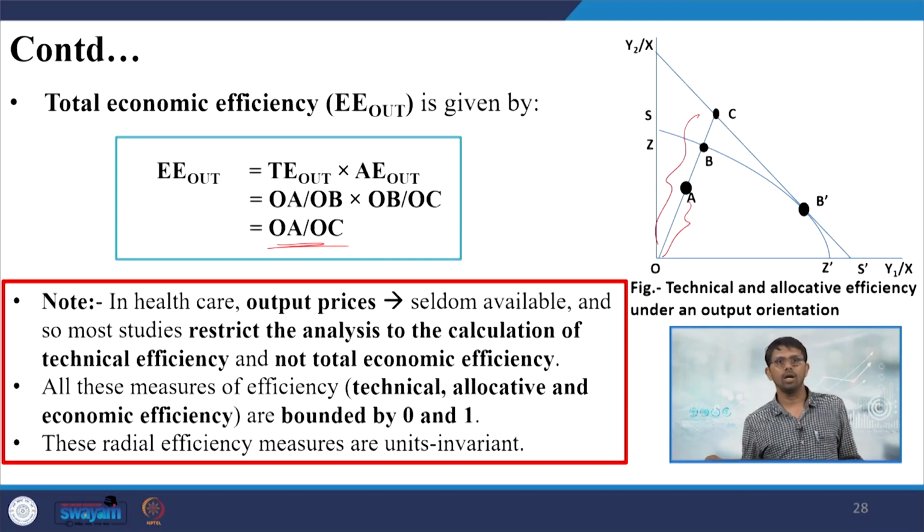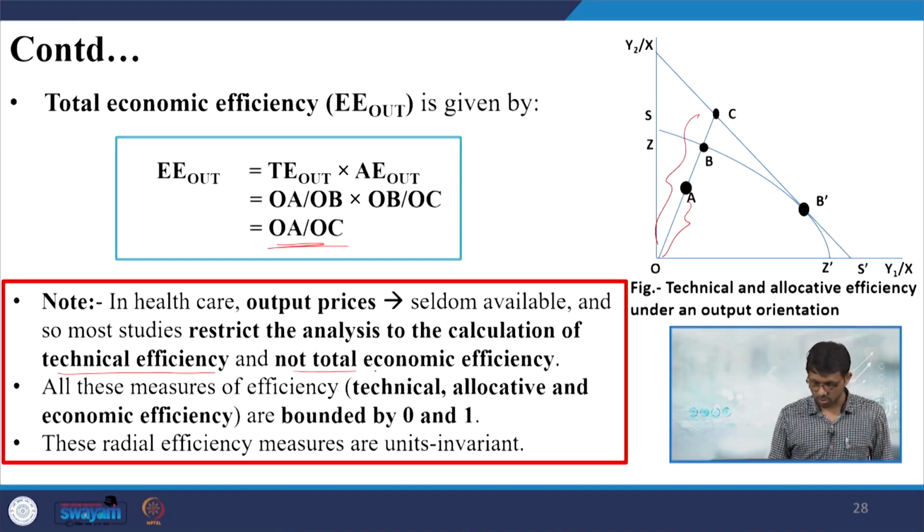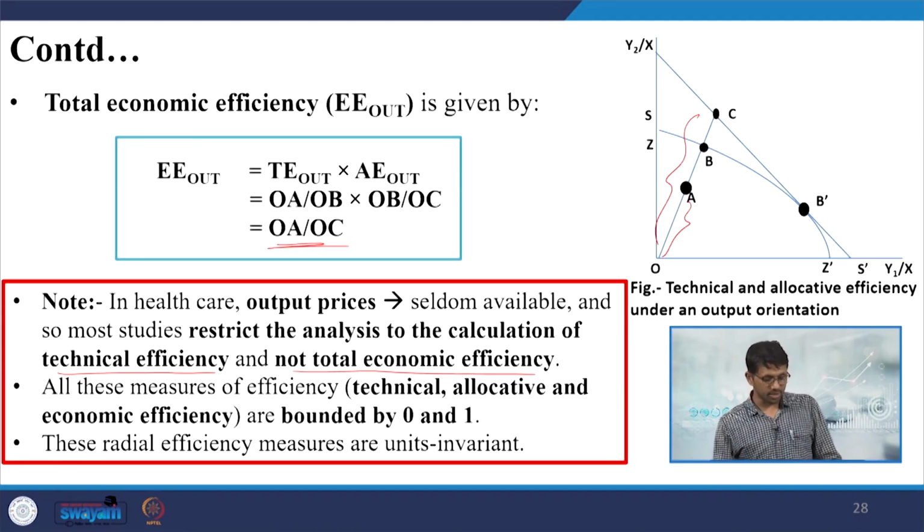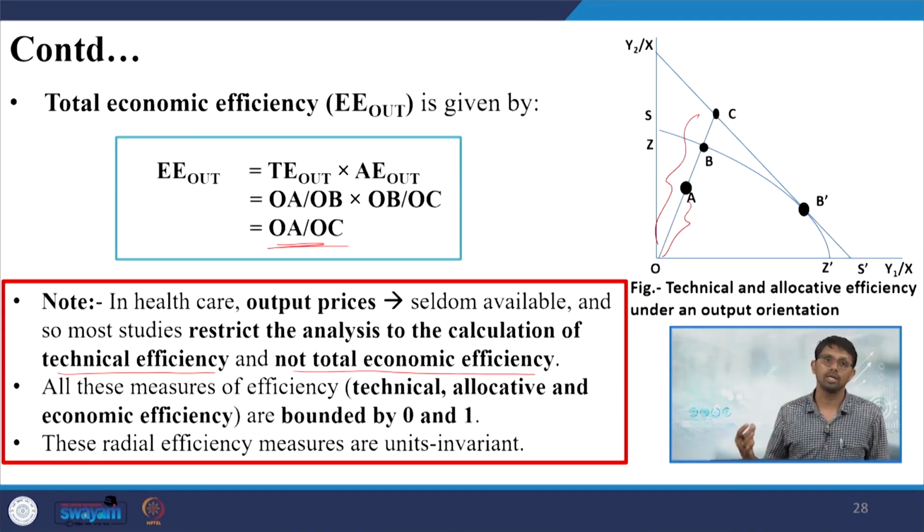In healthcare, output prices are seldom available, and so most studies restrict the analysis to the calculation of technical efficiency. Since output prices are hardly available, total economic efficiency is very difficult to calculate in healthcare research, so technical efficiency is mostly what is used in research. All these measures of efficiency, that is technical, allocative and economic efficiency, are bounded by 0 and 1.